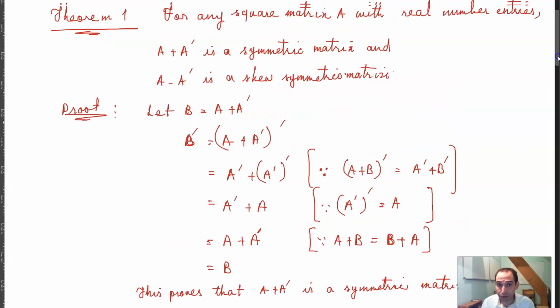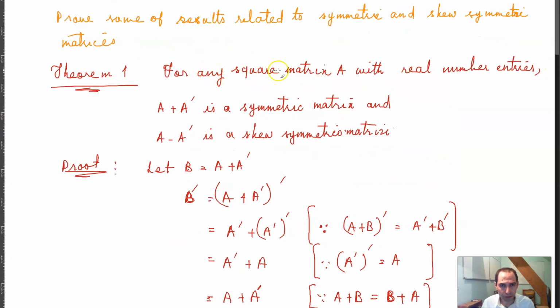And the reason why it proves that is that here we are saying that for any square matrix with real number entries, meaning that A has real number entries and is a square matrix, we want to prove that A plus A prime is a symmetric matrix.